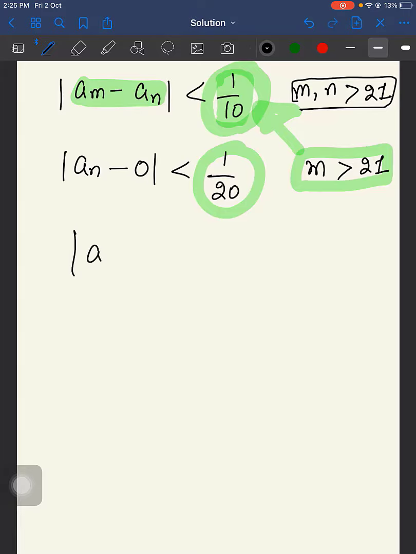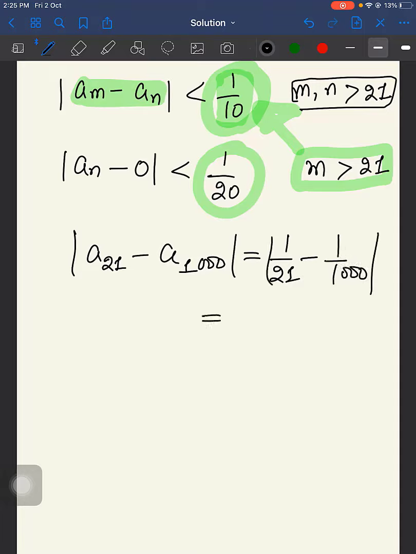So for example, you take this: 1 by 21 minus 1 by 1000. The difference will come out to be 0.0466, which is of course less than 1 by 10. So after this it will always hold. You take any example, right?